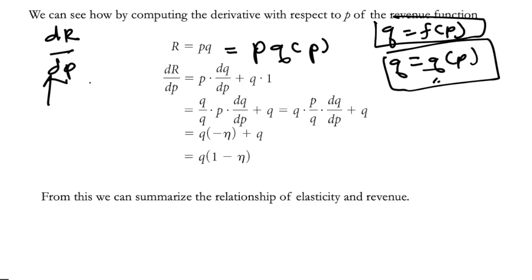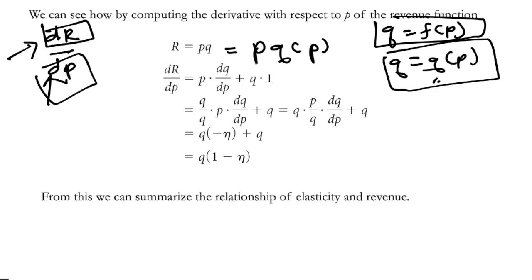If there is a change in price by 1 unit, what will happen to revenue? That is the use of derivative. If there is a change in price, how much will there be a change in revenue? This can be found by taking the derivative of the revenue function with respect to price. How do we do it?